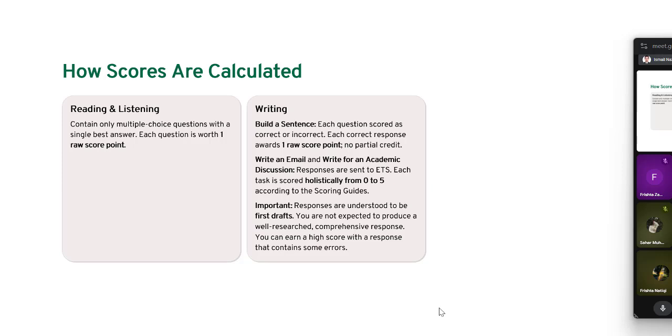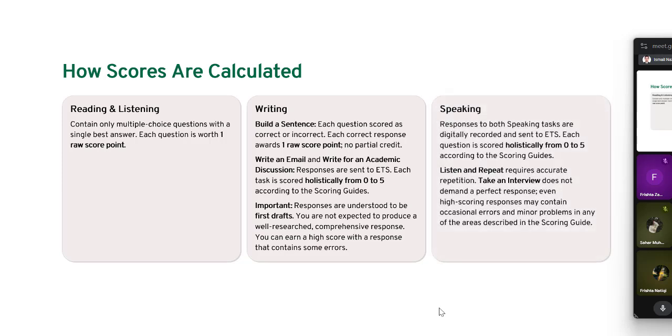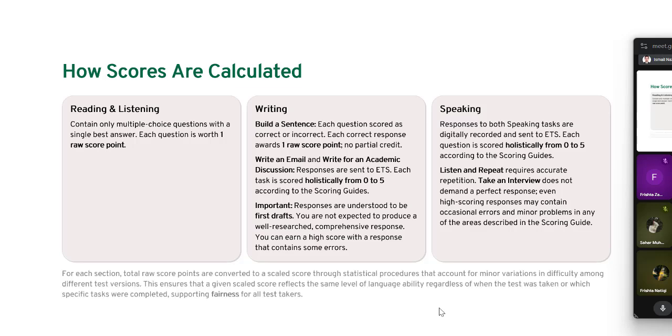It can be either correct or incorrect. And the next ones were write an email and write for an academic discussion, which have a specific rubric that we will discuss in detail. And the speaking section, again, has a rubric on how to score your response in listen and repeat and take an interview.